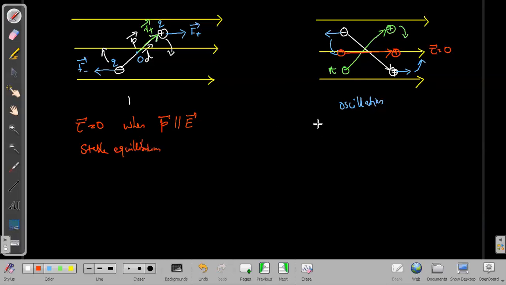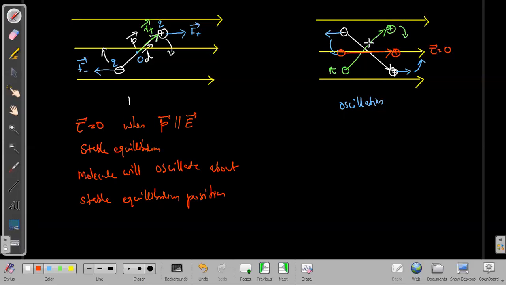Around this stable equilibrium, the molecule will oscillate about its equilibrium position. Now, if you want, you can calculate the angular frequency of this oscillation, which obviously depends upon the electric field and so on. That you can do as homework.